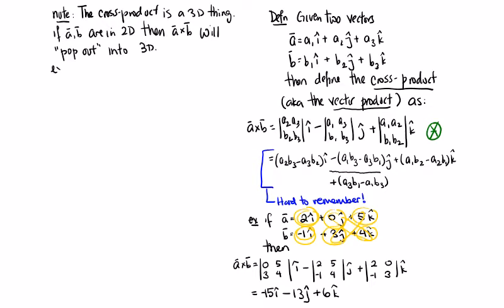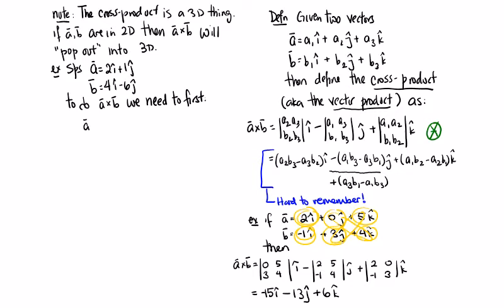So for example, let's suppose A is 2i plus 1j, and B is 4i minus 6j. So if we want to do A cross B, we need to augment these. In other words, we need to first add a k component. Basically, the definition requires that I have a k, and so in this case it will be 0 for both of those. So the first thing we need to do is this.